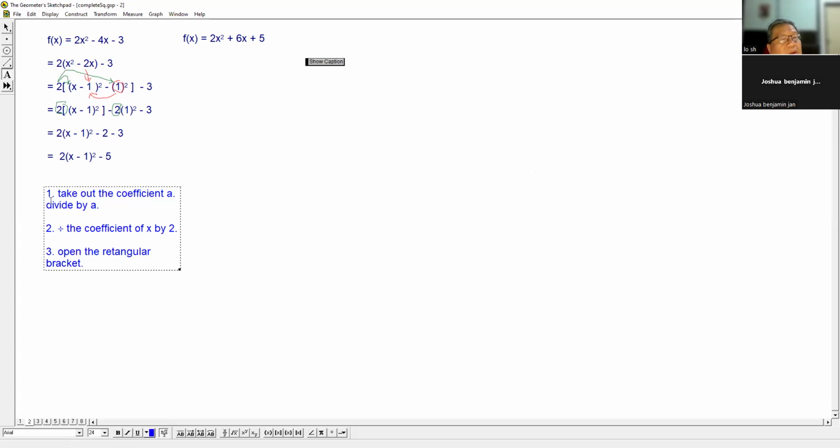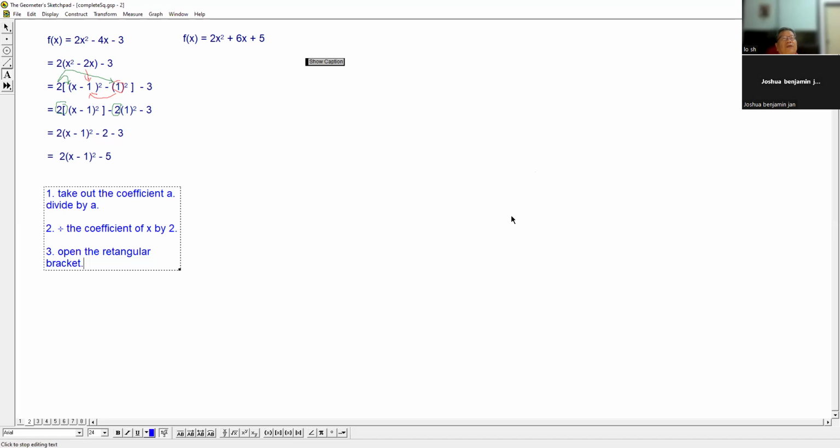Open the rectangular bracket means this rectangle here, and this rectangle here, you have to take the coefficient and multiply back to the square term. This coefficient multiply back to the square term here. As a result, you see the 2 in front of this square bracket, and you also see the 2 in front of this square here.